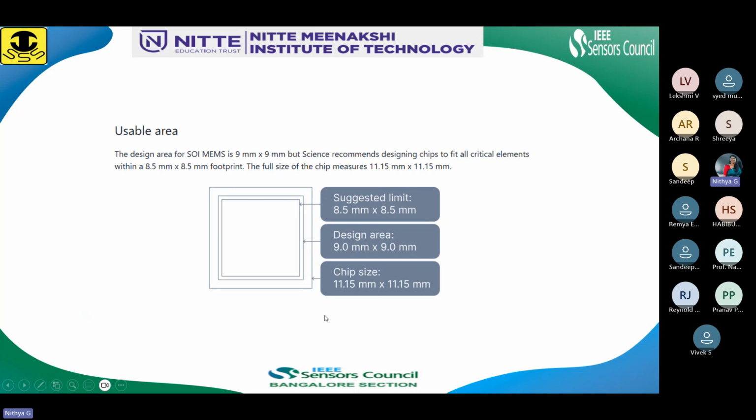A group has been made through the IEEE activity, wherein we have a leader and a mentor assigned to each group, and each group is given a defined area for their design, that is about 9 mm by 9 mm, but the best fit is within 8.5 mm by 8.5 mm, that is 8500 micrometers by 8500 micrometers, the area given to you for your design.